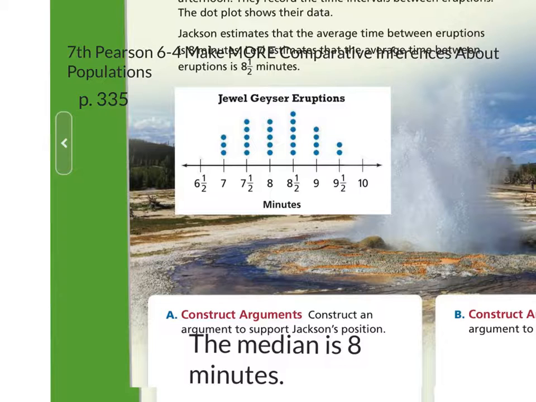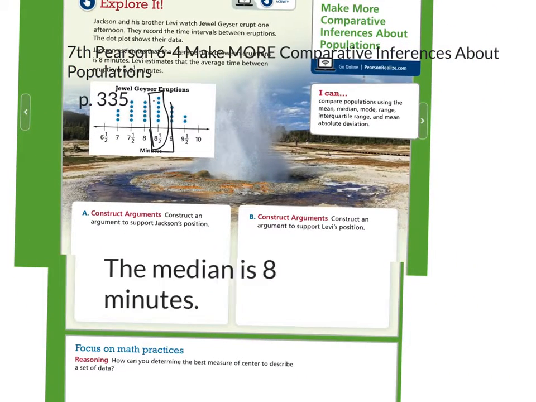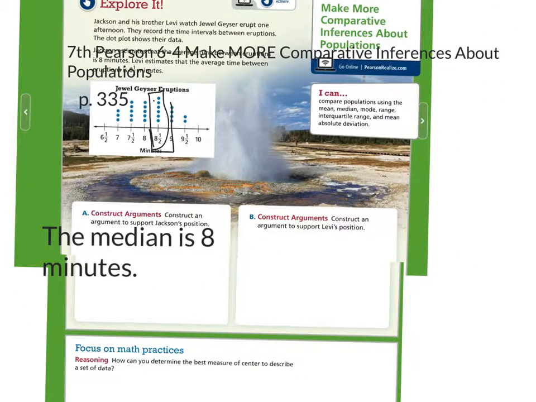So if you notice on this dot plot here, 8.5 has the most dots by it. So 8.5 minutes is the mode, we could say.